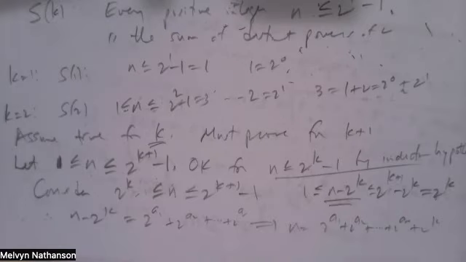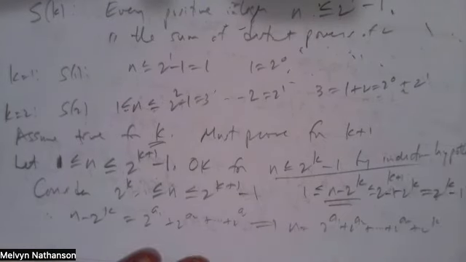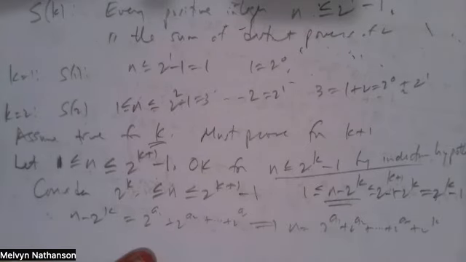And for such numbers, if you subtract 2 to the k, n is less than or equal to 2 to the k plus 1 minus 1 minus 2 to the k, which is 2 to the k minus 1. And for every such number, n minus 2 to the k is the sum of these distinct powers of 2.